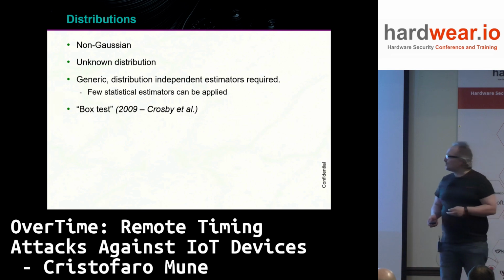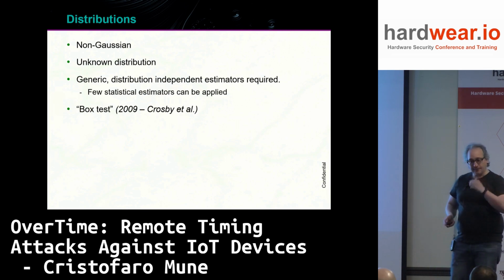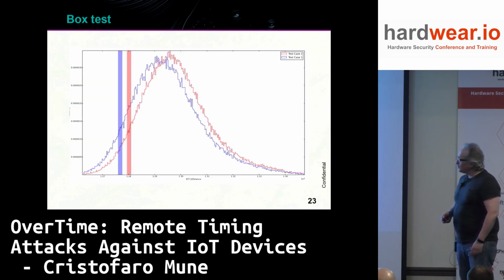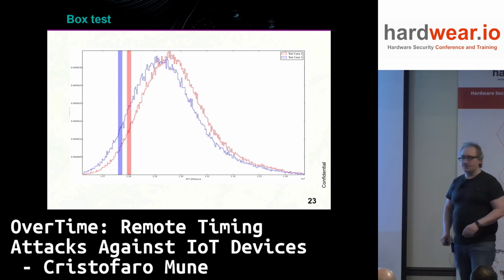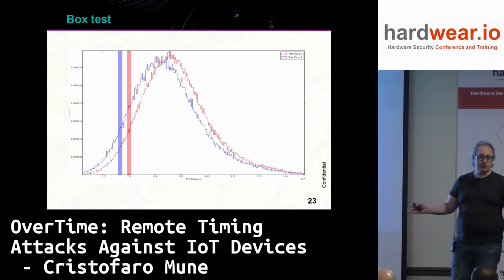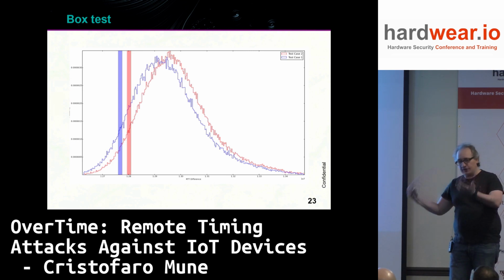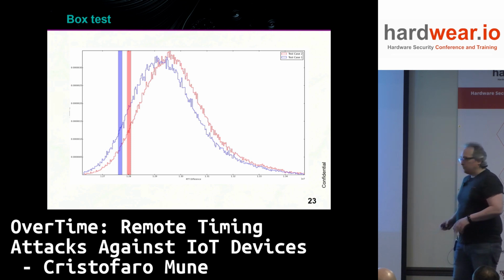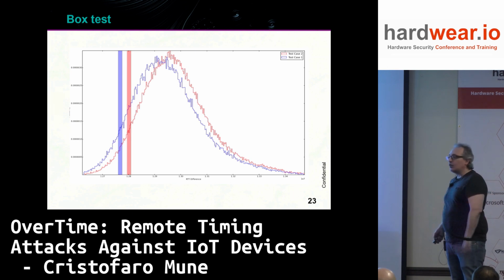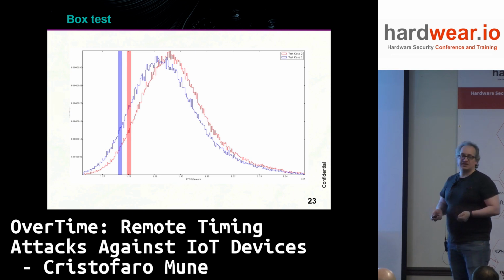One interesting one is the box test from 2009, crossed with others. This is a very generic estimator, maybe useful also for other projects, so that's why I'm explicitly mentioning this. Let's assume that you have two populations of the same distribution that you don't know, okay? For any given population, you can always calculate what is called the percentile.